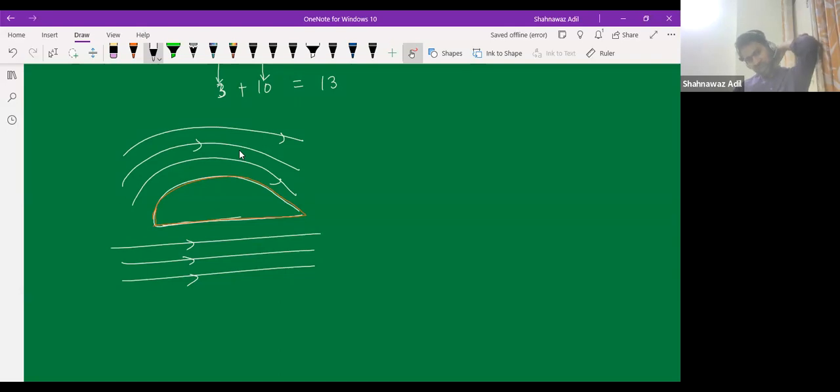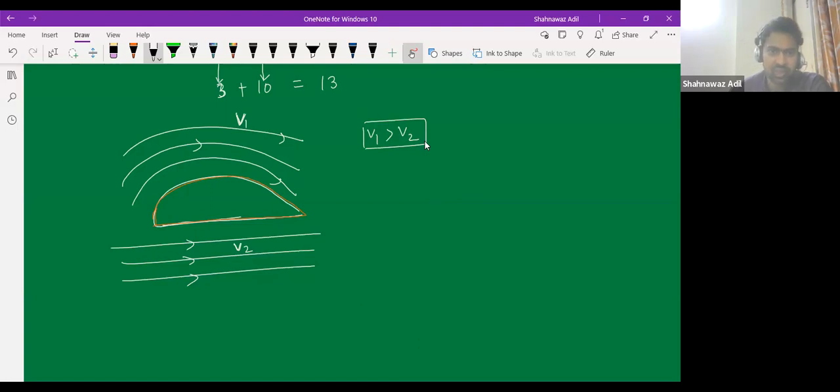Which one would be smaller? The upper one is covering a larger distance in the same time, so its speed should be larger, right? So this V1 is larger, this V2 is smaller. So V1 is larger than V2. Clear?